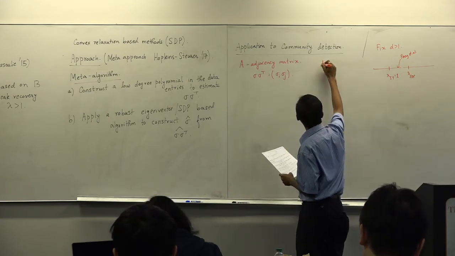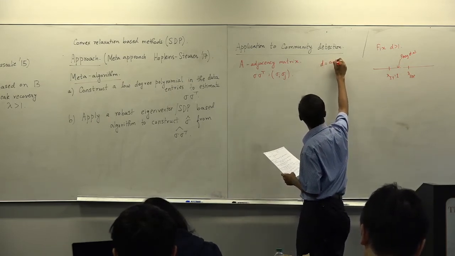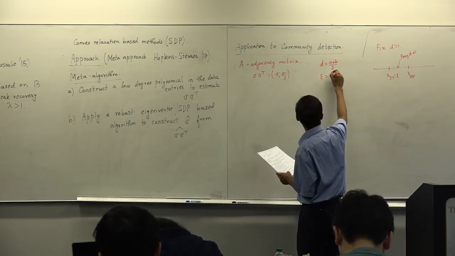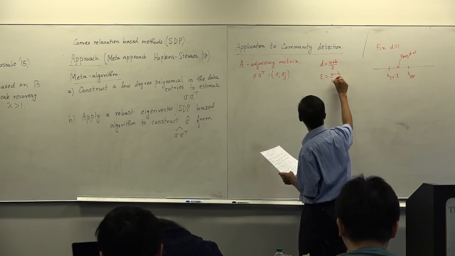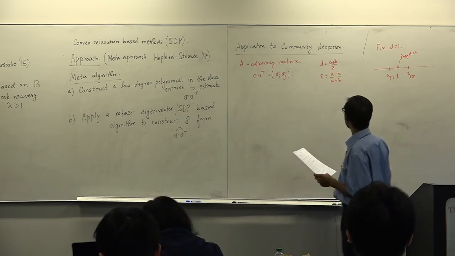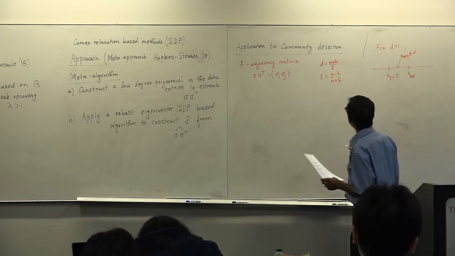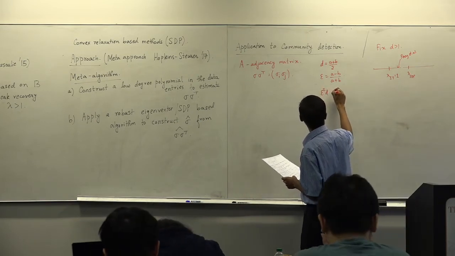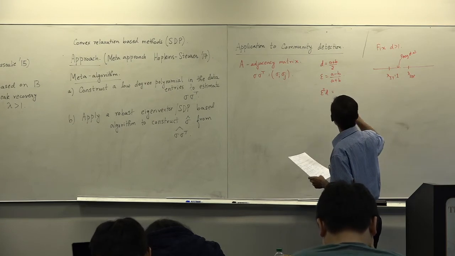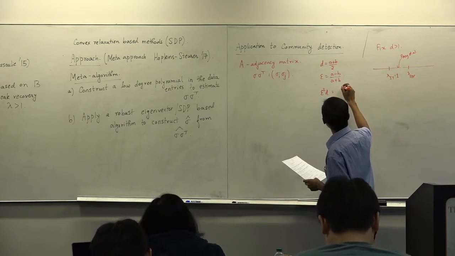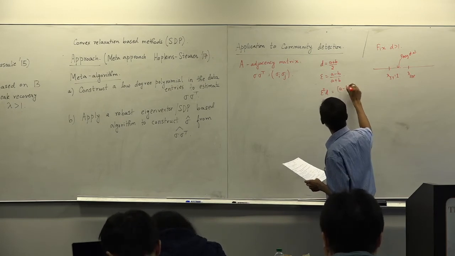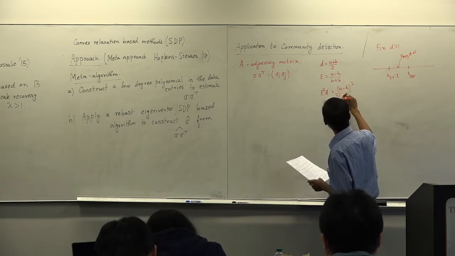So let me just redefine two things. D is (A plus B) over 2, and I'll define epsilon to be (A minus B) over (A plus B). And you can see that epsilon squared D is related to this parameter squared: it's (A minus B) squared over 2 times (A plus B).